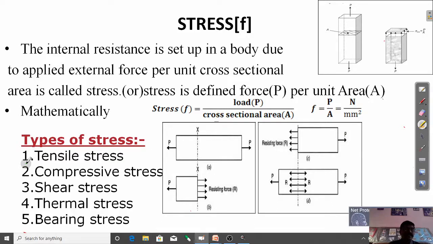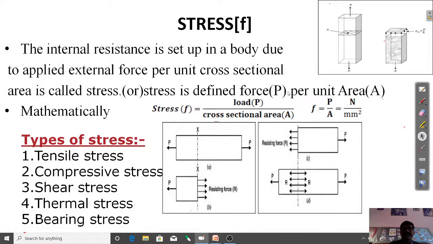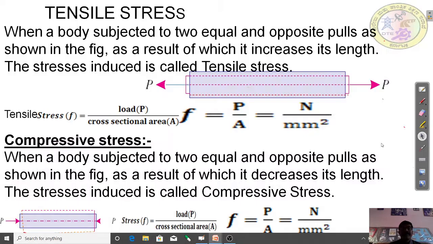Types of stresses: tensile stress, compressive stress, shear stress, thermal stress, and bearing stress. Tensile stress.